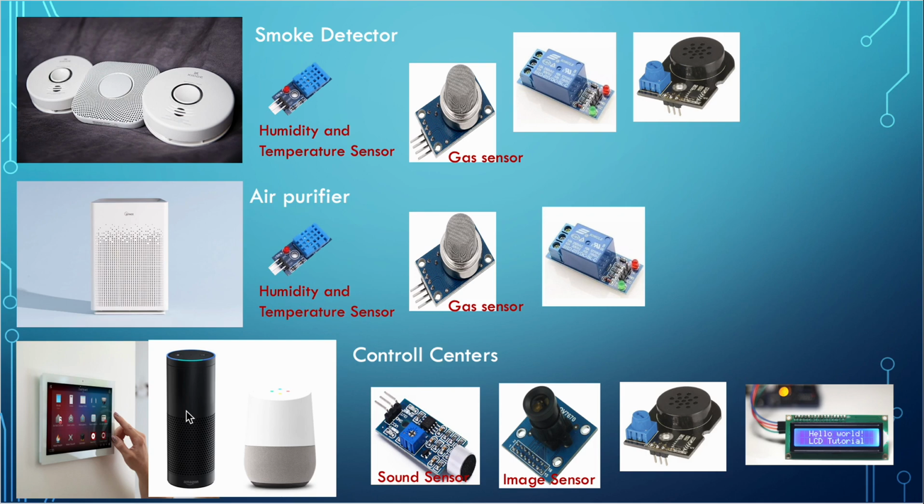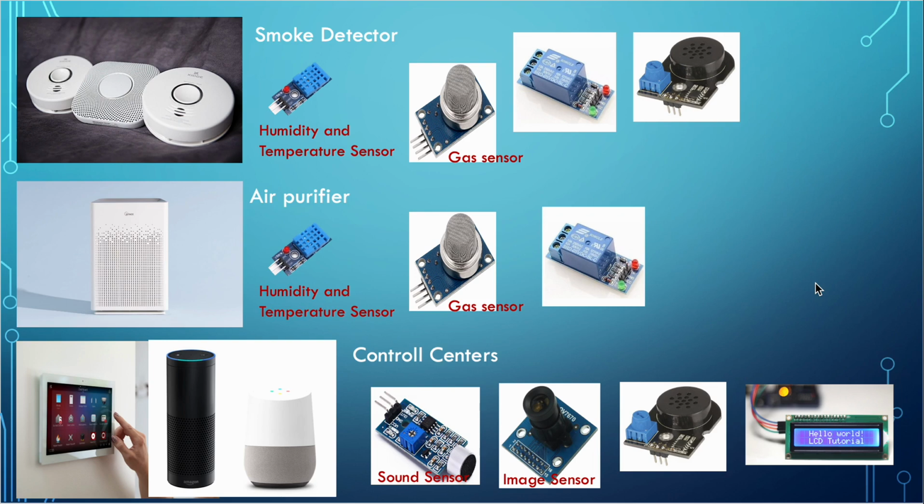You can use your smartphone. There will be applications. If you have much bigger applications which expand beyond a house, a smart house or a smart building, maybe if you want to have smart cities, we will basically use computers, control centers, places like that to collect and display all these IoT device data.